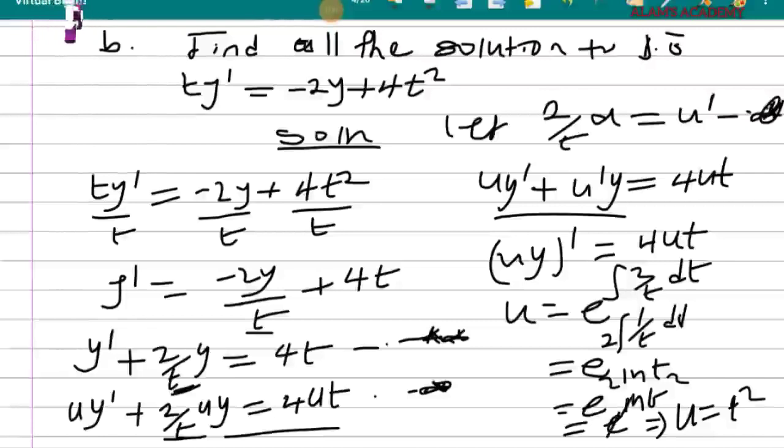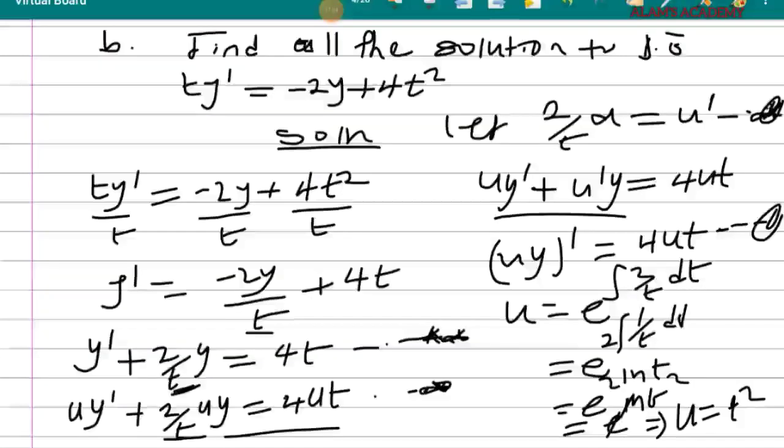Now we substitute this back into equation 1. So let's say this is my equation 1. We put it inside that equation. So I rewrite it here. So (uy)' is equal to 4ut, and now we know our u to be t squared.